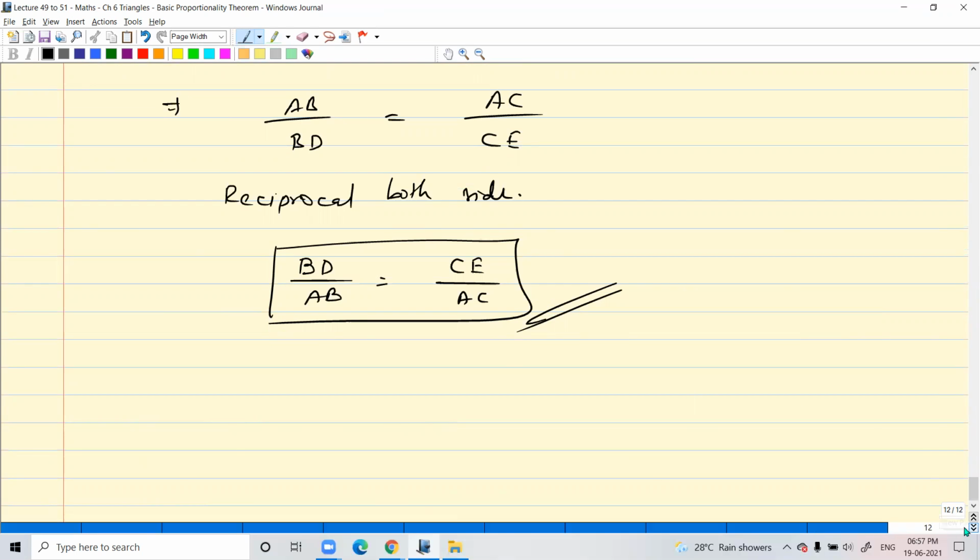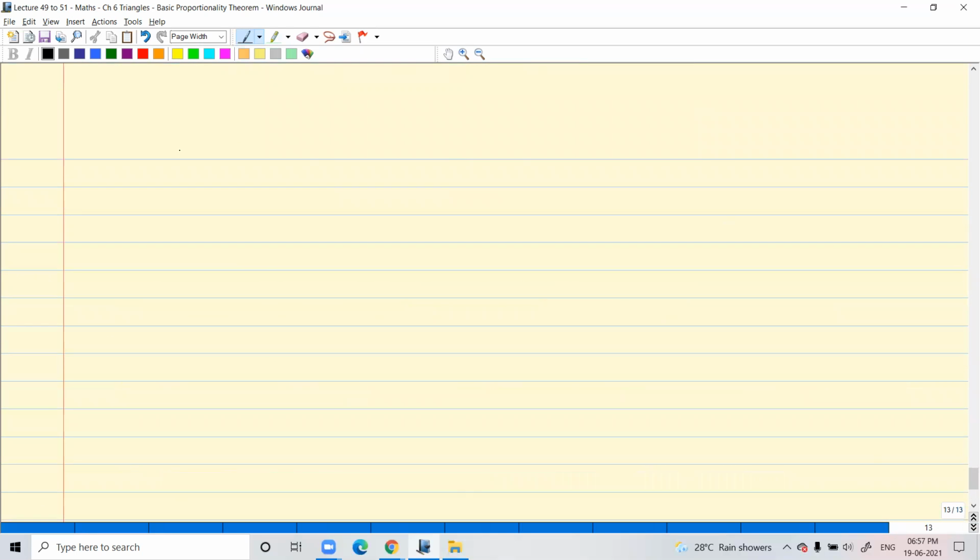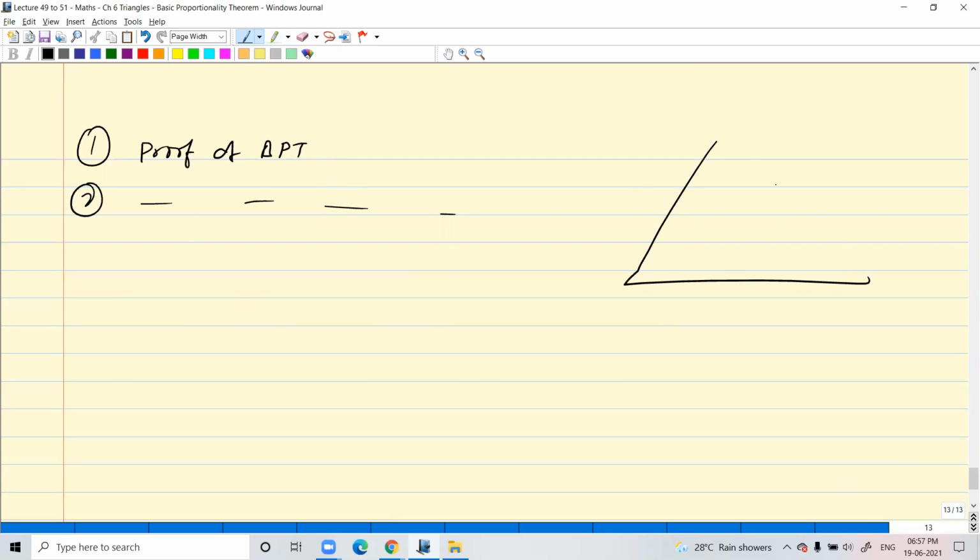Even if you don't remember all these proofs, proof of BPT is very important. First thing. And then what are the different ratios which are equal coming from BPT? Those ratios you should be able to understand from the triangle. Don't need to mug up the names, okay? If you have the triangle in front of you, will you not be able to write all those ratios?